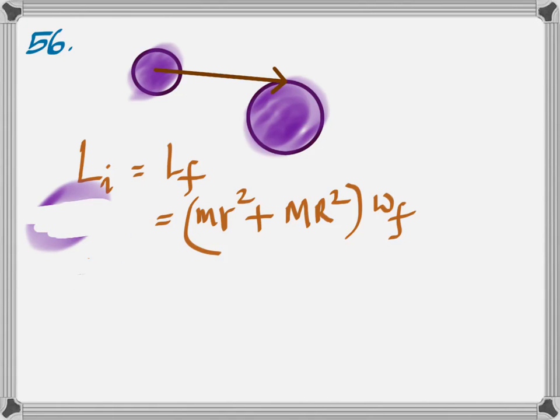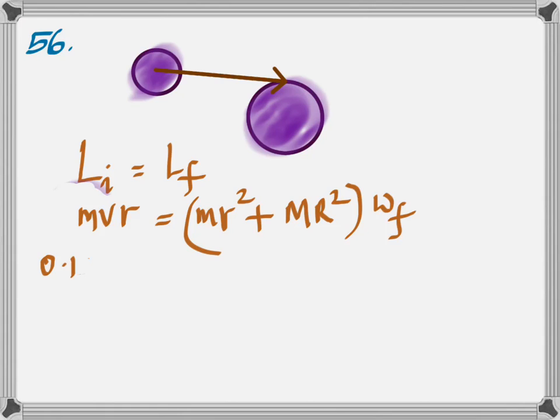Now, I realize that mr squared is not going to get you there. So angular momentum is also r cross p. Anybody remembers that? Angular momentum is r cross p. That's the definition of r cross p. And you know that is rp sine theta. Isn't it? And if theta is 90, it's simply r times p.